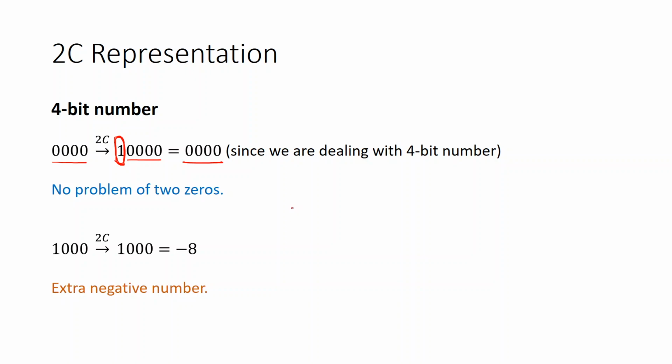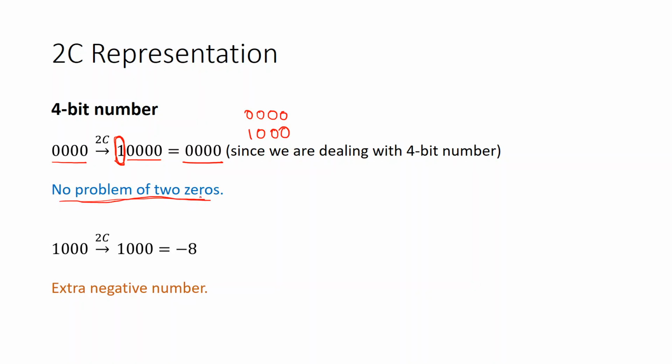So there is no problem of two zeros. Remember, there was a problem of two zeros in the sign magnitude representation. We could have represented 0 as 0000, also as 1000. Both were representing 0, right? So there is no problem of two zeros here.